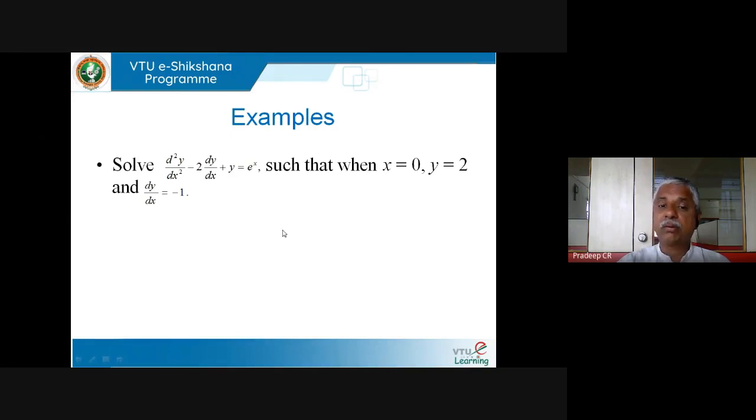So I want to find such a function y of x, such that its second derivative minus twice the first derivative plus the function turns out to be e power x.